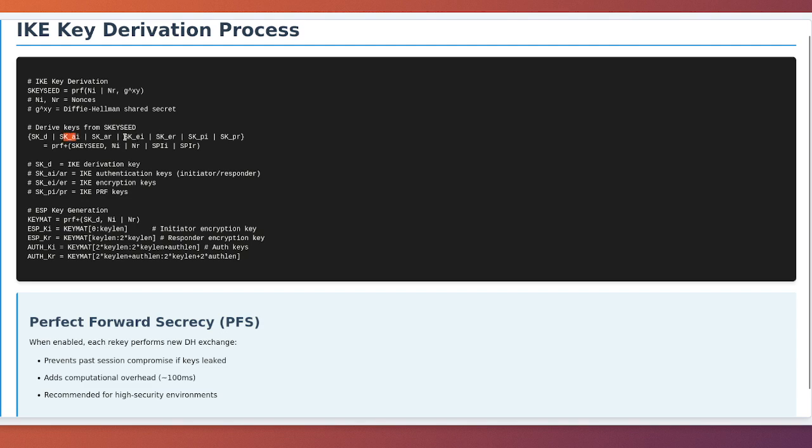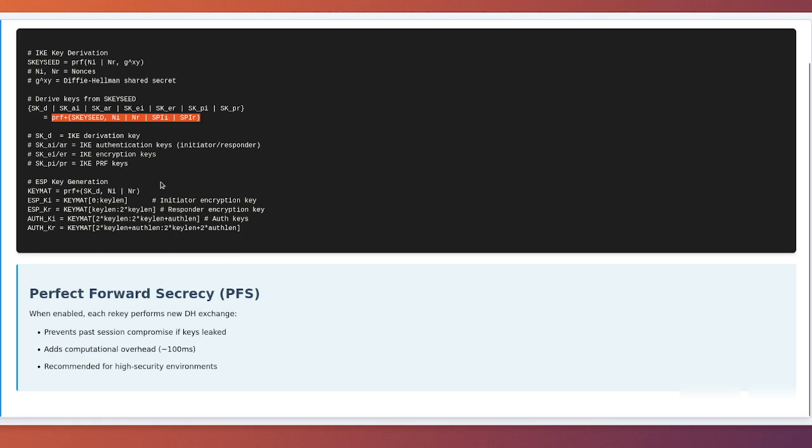The key length depends on the negotiated AES variant: 128, 192, or 256 bits. IKE generates exactly the amount of key material needed by repeatedly applying the PRF to expand the master secret. This process ensures that even if one key is somehow compromised, the others remain secure because they cannot be derived without the original master secret.